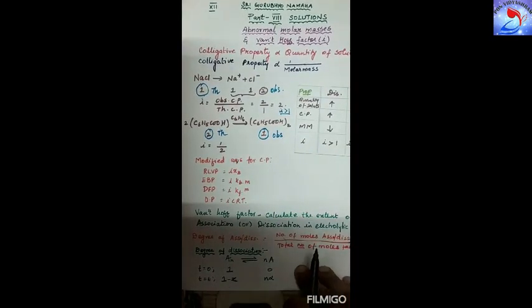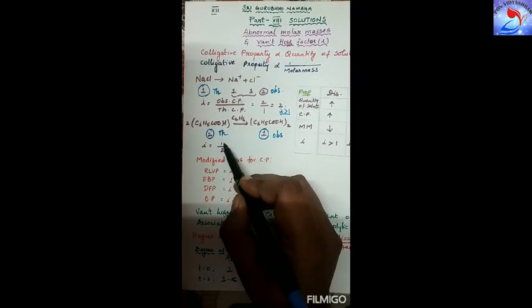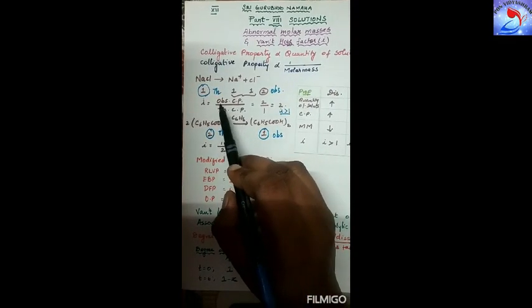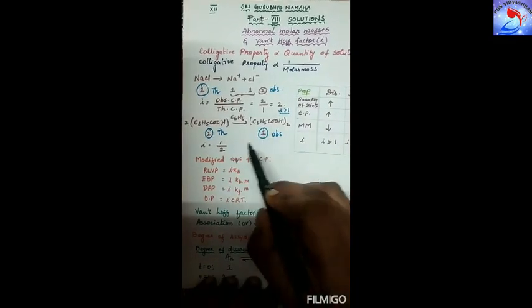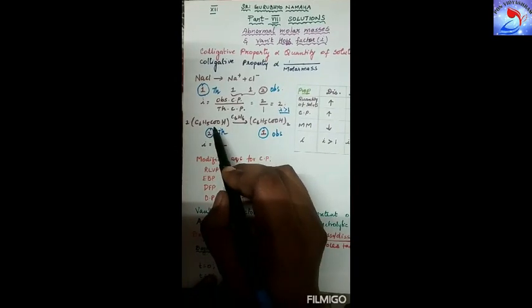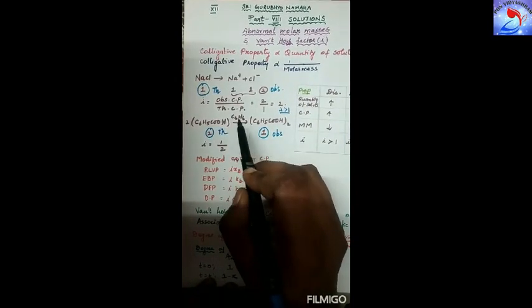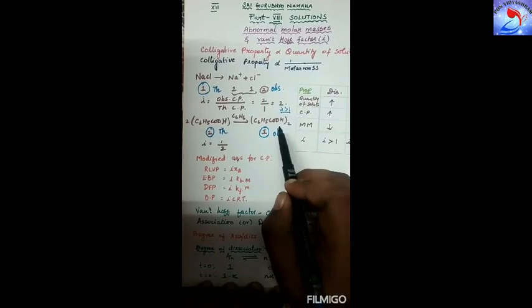So what is the Van 't Hoff factor? i is equal to observed colligative property. Look at the formula here. Observed colligative property, the value is 1, divided by the theoretical value, which is 2 because 2 molecules are added to benzene, but in the benzene the 2 molecules become a single molecule due to dimerization.